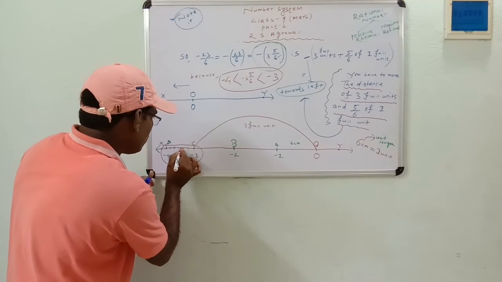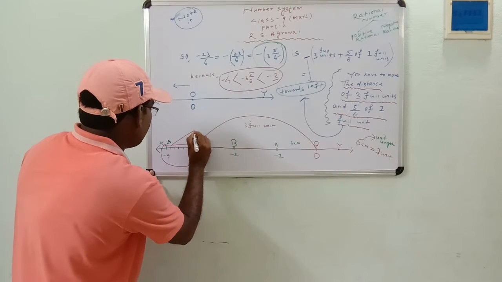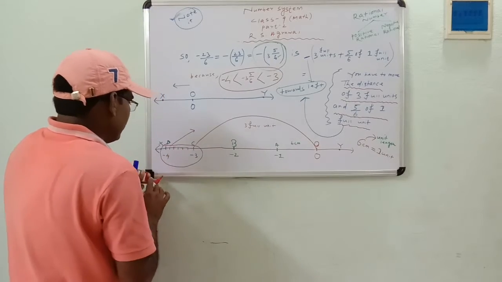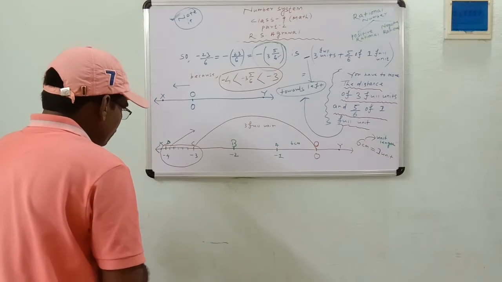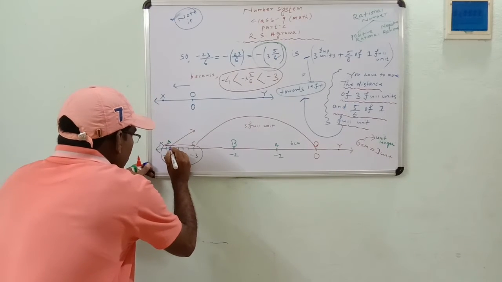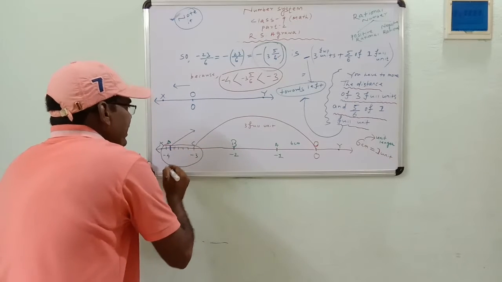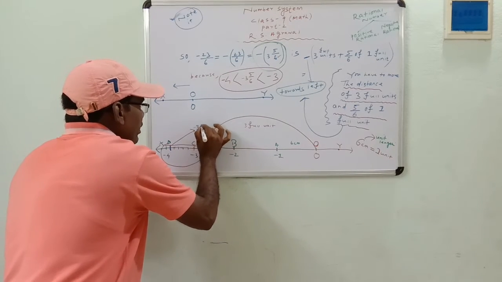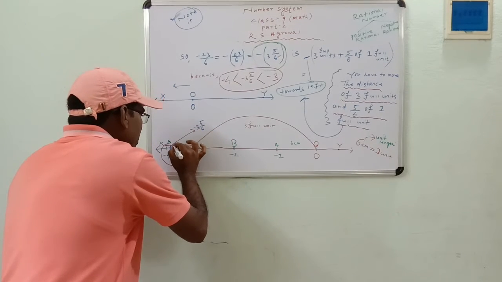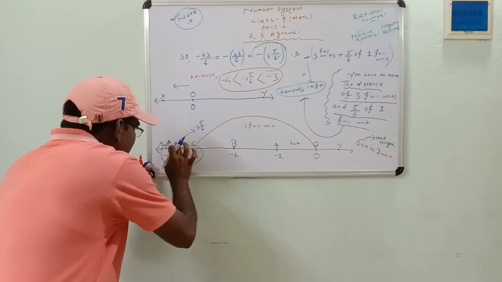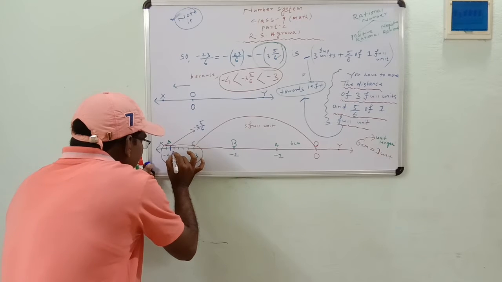It means this point, which is in blue color, represents minus 3 full 5 by 6. Suppose the name of this point is E. There is no space here to write point E, so suppose I write it here.